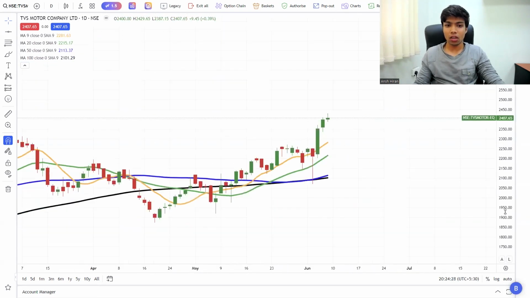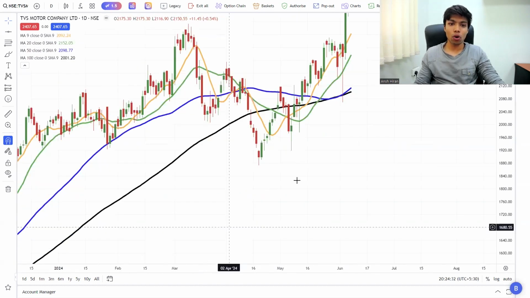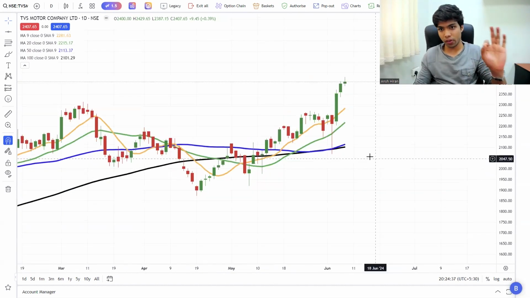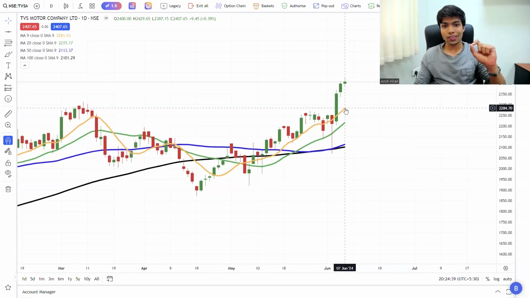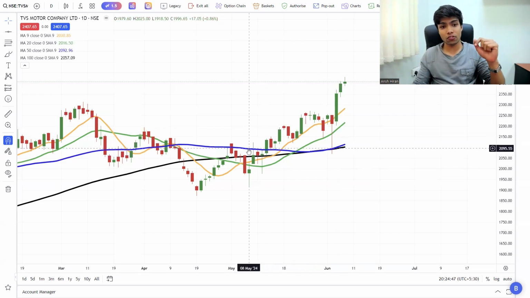So now on the screen, you can see four different lines. These are four different moving averages. The yellow one is the smallest one, which is the 9 moving average. Green one is a little bit bigger one, which is 20 moving average. The blue one is even bigger, which is 50 moving average.